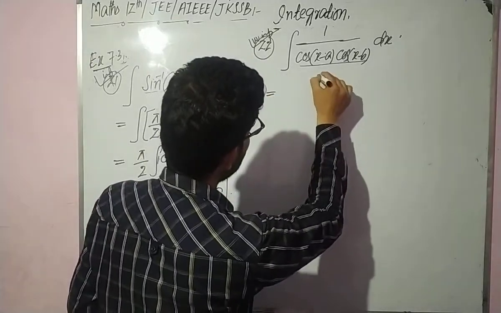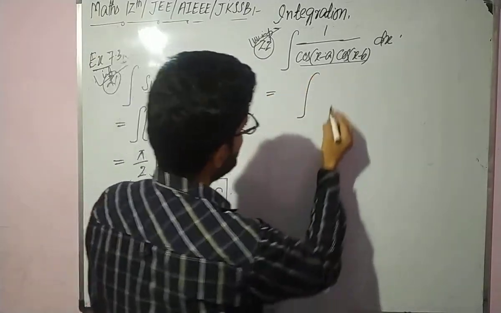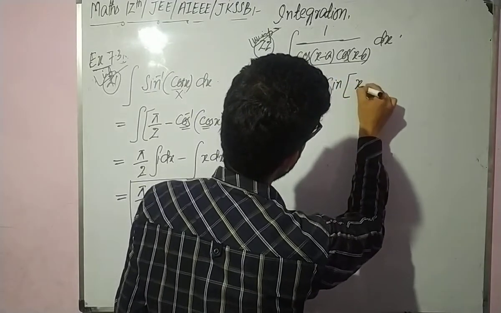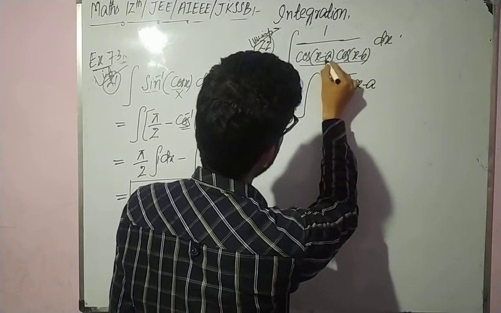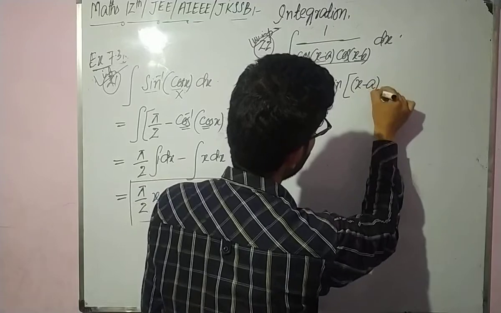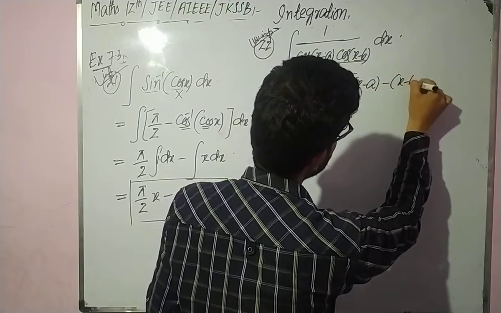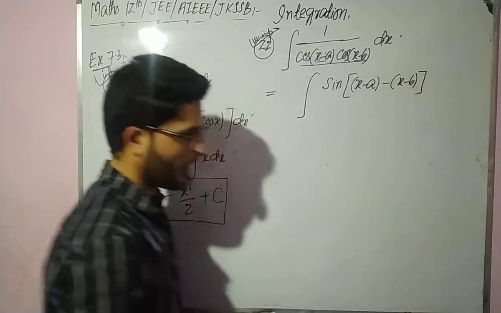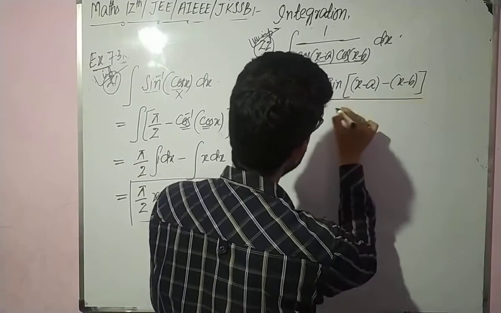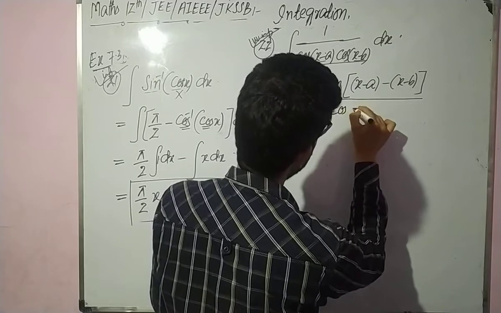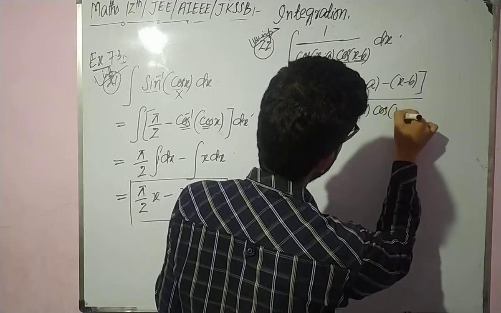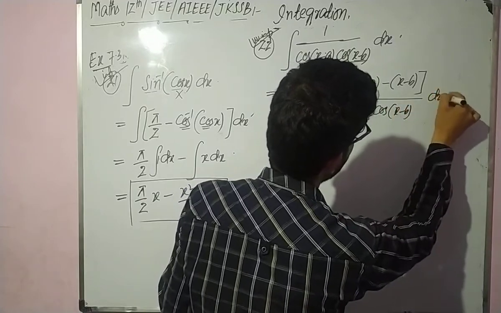Can be written as integration of sin of (x minus a) minus (x minus b), divided by the same thing, and that is cos of x minus a into cos of x minus b dx.